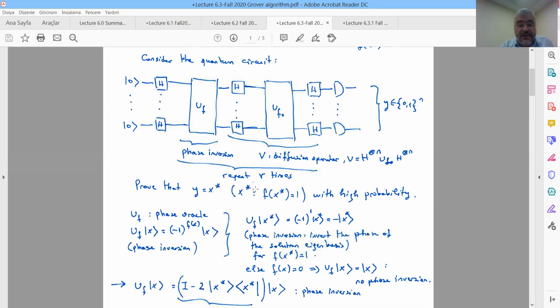Let's see inversion around the mean, what the second part does. We are claiming we apply phase inversion and then we apply inversion around the mean, r times altogether. This circuit is repeated r times, and in the end, in the output, we have the solution ket x star with high probability.